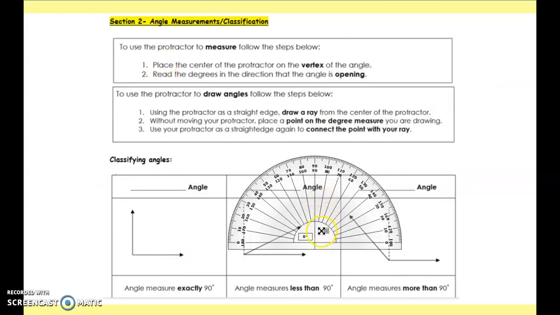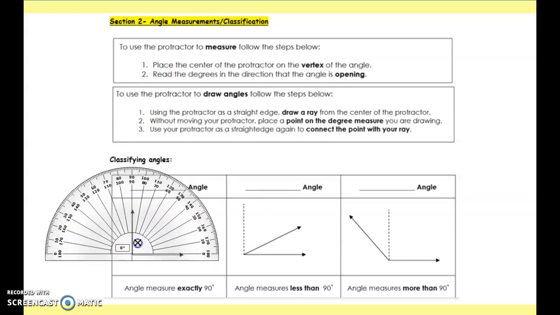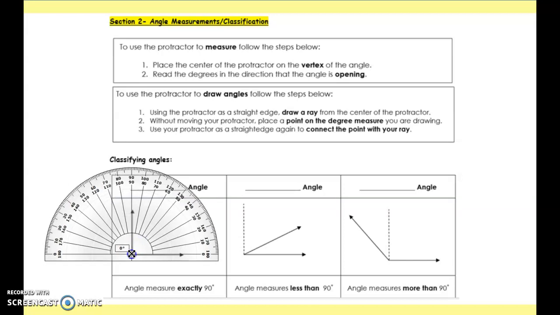You want to place the center of the protractor on the vertex of the angle. I always mention to you, you put the vertex on the X of the sun, making sure that our line or ray, the side, whatever you want to call it, is in alignment with this bottom line here of our horizon.